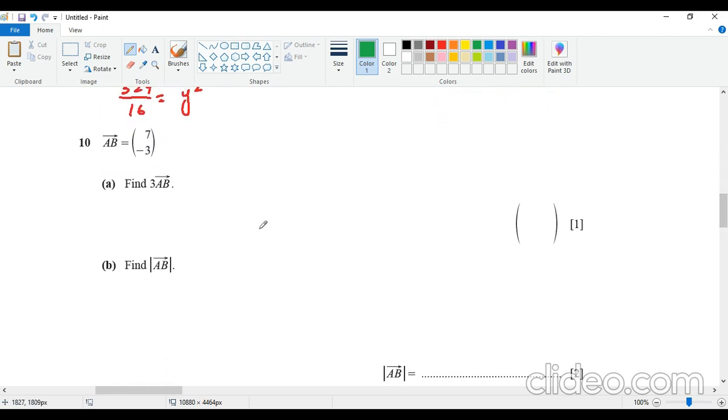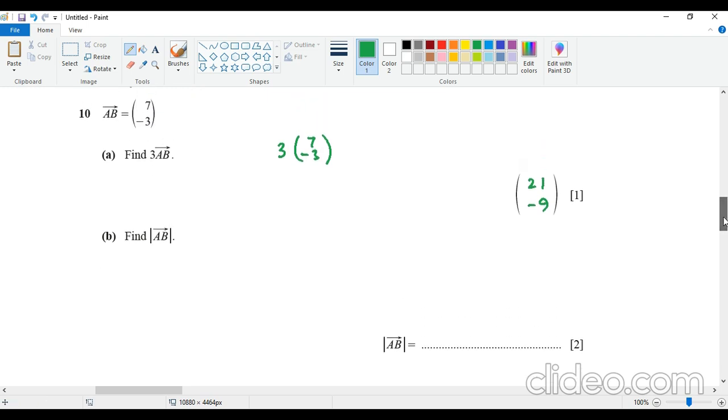Now when it comes to finding out the transposition of 3ab, that means 3, 7 minus 3. So you should be writing 21 here and minus 9 here as an answer. Now comes finding the square. What they want is actually 7 squared plus the value of b also squared.